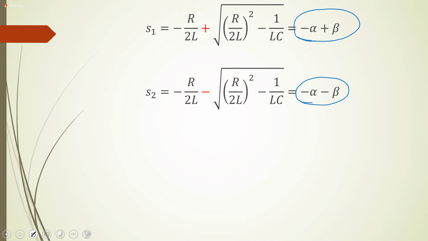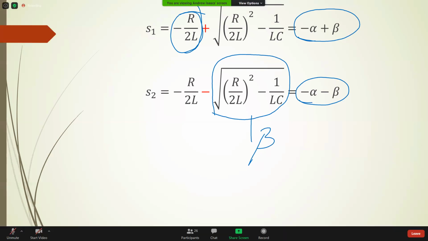In other words, in each instance, this would represent beta, and R over 2L would represent alpha.